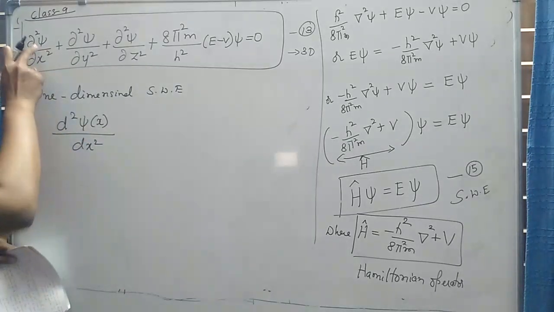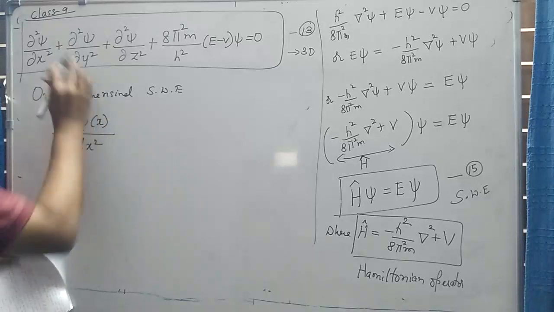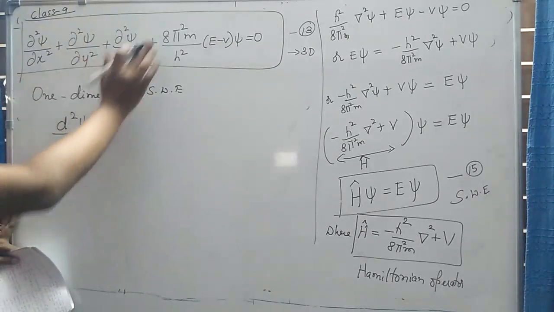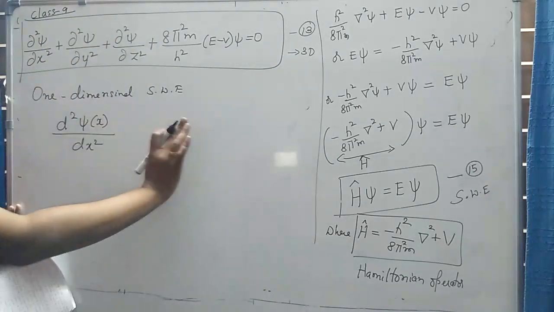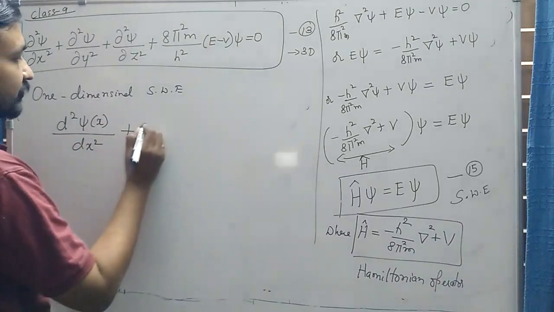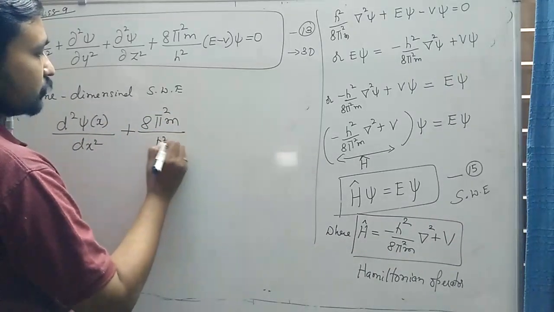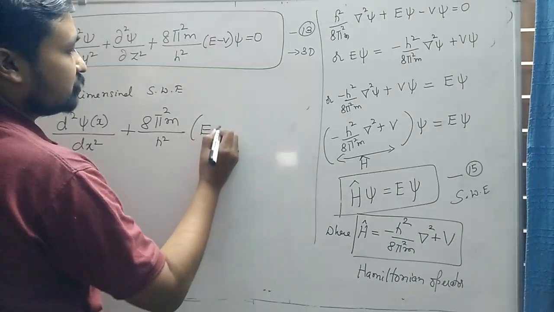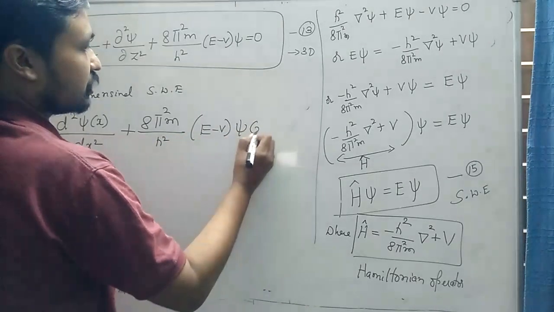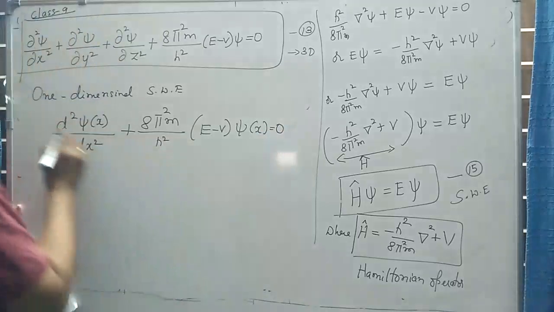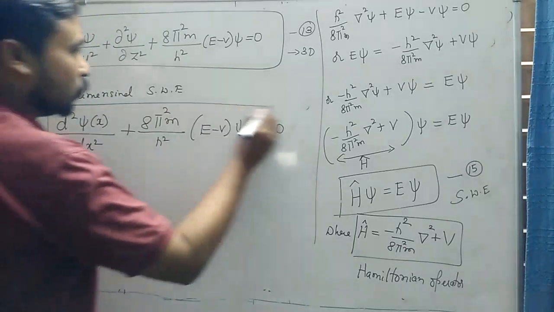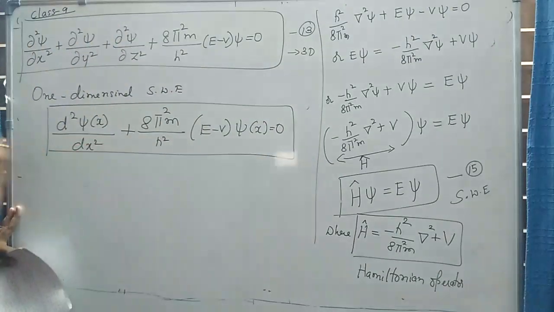See here, psi is replaced by psi of x. These two terms are now not in the one-dimensional equation, plus 8 pi square m divided by h square into (E minus V) into psi of x is equal to 0. So this is the one-dimensional Schrodinger wave equation.